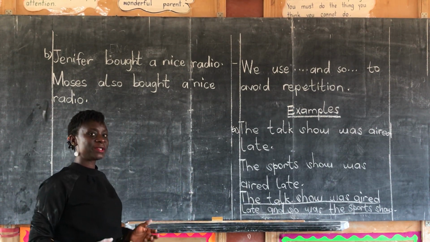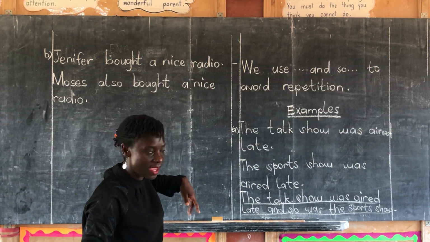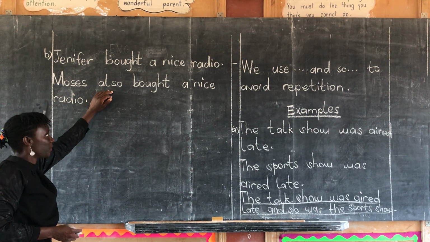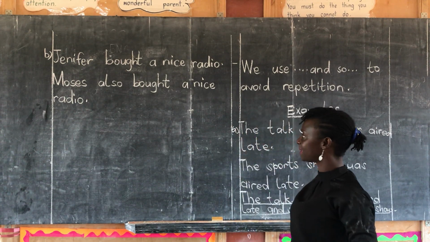Moses also bought a nice radio. What answer should we expect from here? We are joining the two sentences using "and so". What is the expected answer, candidates?